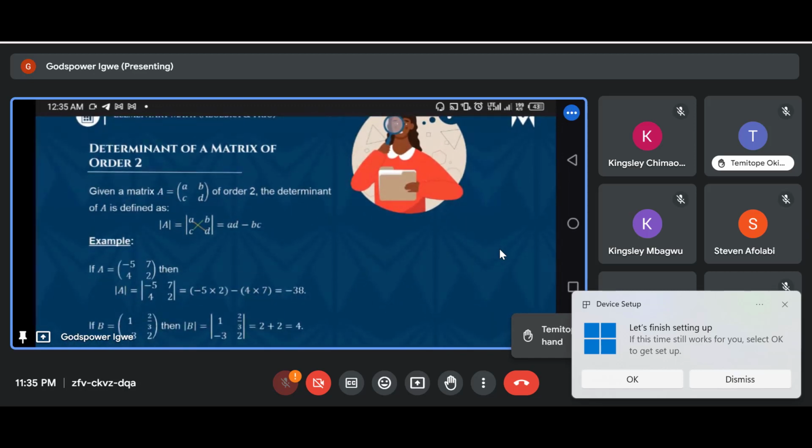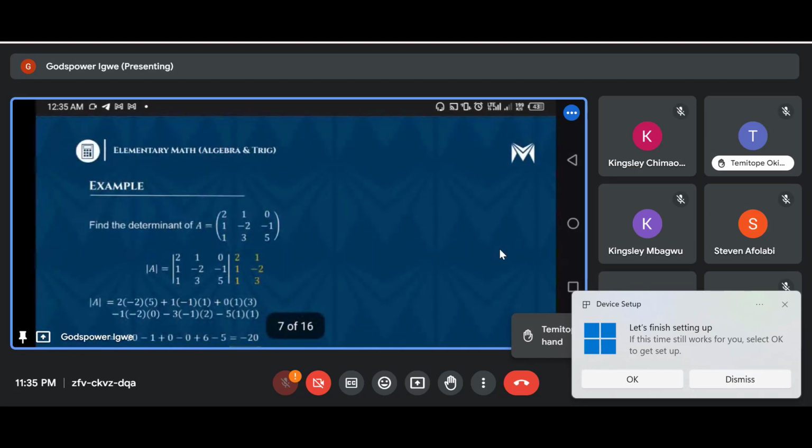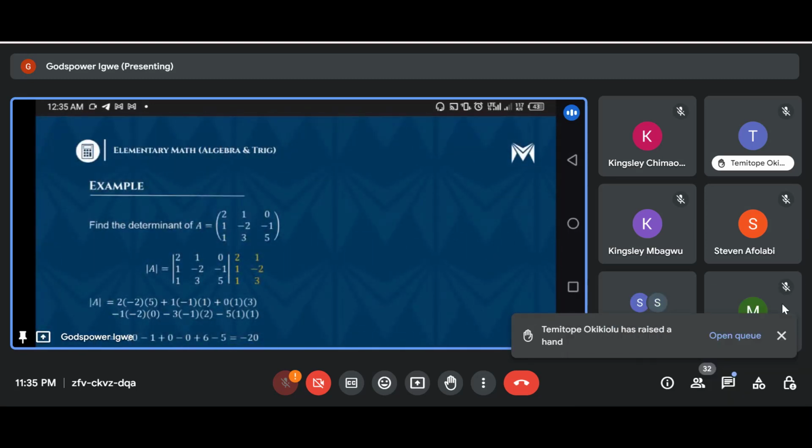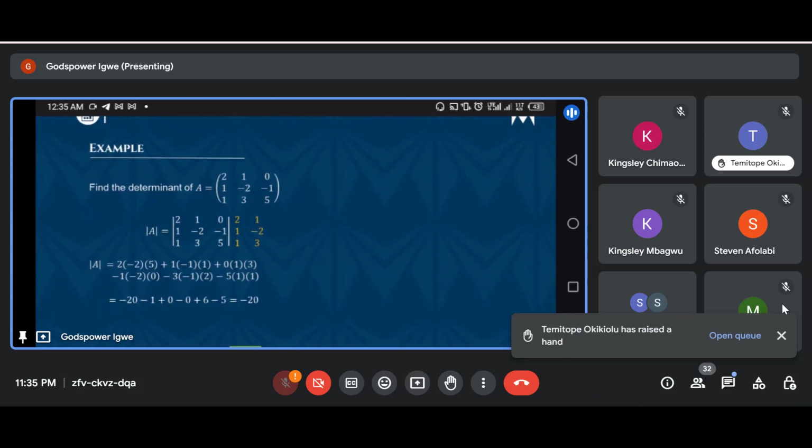This minus this, the top one minus the down one. You pick only the first row, and then you do what you need to do there.